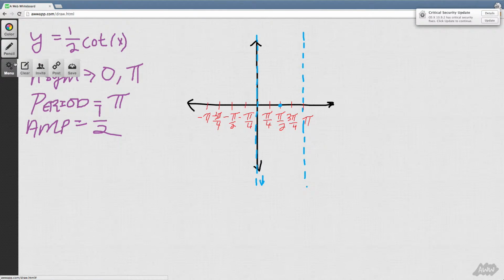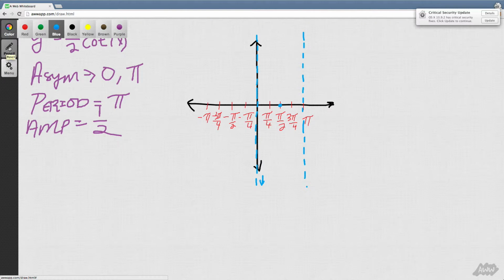I almost made a mistake. Cotangent is different from tangent in terms of how you draw it. In tangent, we fell from the left and rose to the right, but in cotangent, we're falling to the left and to the right. Or excuse me, we're rising to the left and falling to the right.